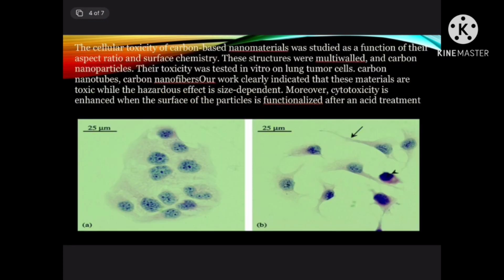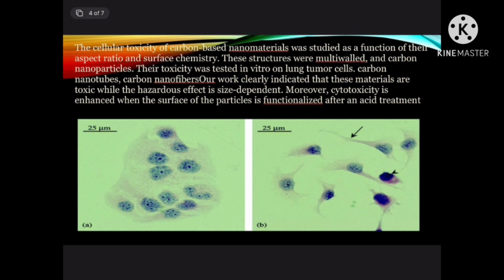The cellular toxicity of carbon-based nanomaterials was studied as a function of their aspect ratio and surface chemistry. These structures were multivalent and carbon nanoparticles. Their toxicity was tested in vitro on lung tumor cells.